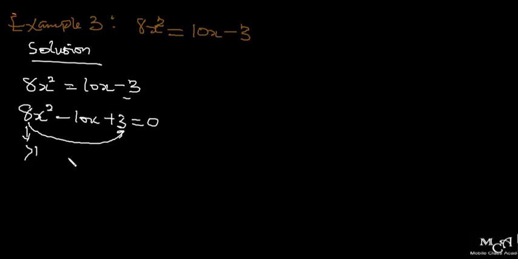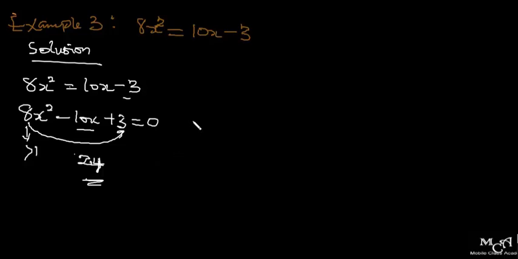So I'm going to do my AC. If I do my AC, it's going to give me 8 times 3, which is 24. Now I've gotten 24. I need two values that when added will give me minus 10, and when multiplied give me 24. So what are the two values?